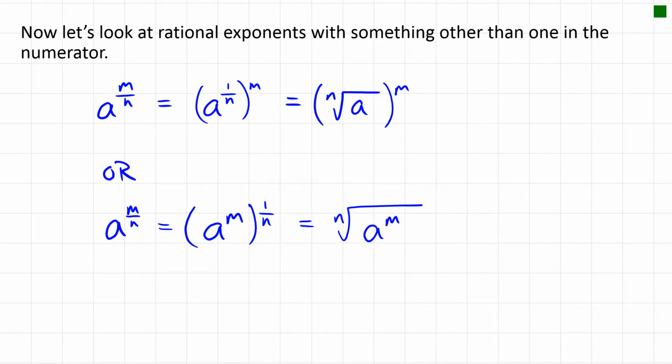So these two expressions are both equivalent, whether I do the nth root and then the power of m, or the power of m directly on the original base a and then take the nth root of it. Either is totally acceptable. And in fact, we usually do whatever is convenient for simplifying the problem.